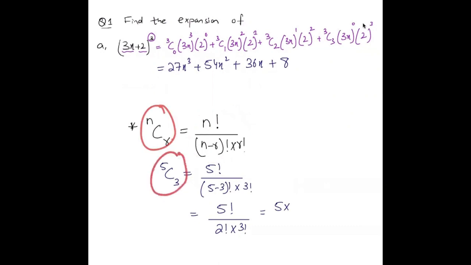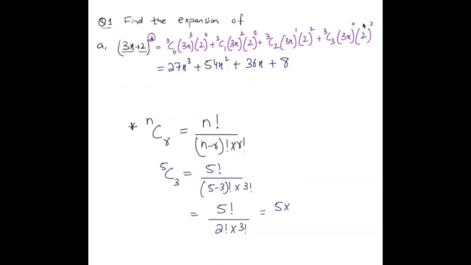So for example, if I want to find 5C3 value without calculator, I can use this formula to calculate it. The formula is N factorial over N minus R factorial times R factorial. So 5 being the value of N and 3 being the value of R, 5 factorial over 5 minus 3 factorial times 3 factorial.